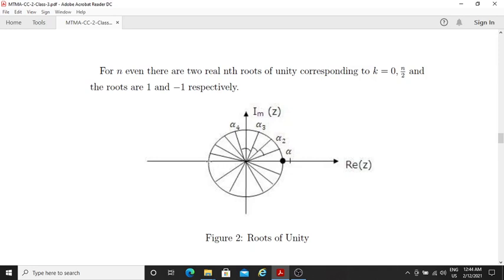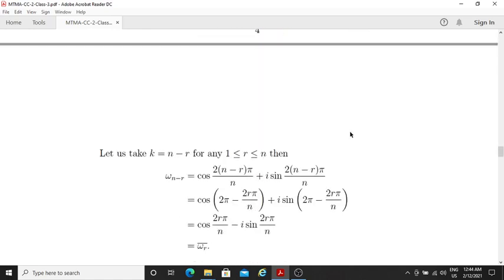If n is even, then there will be a value that falls over here, and that will give you minus 1, and they will keep on rotating till just below the real axis. So these are the roots of 1, the roots of unity.